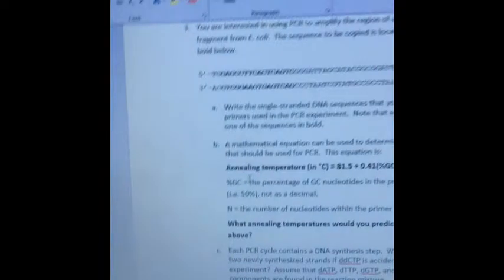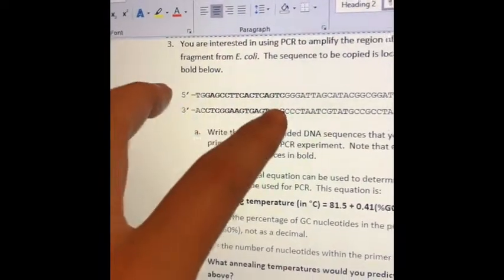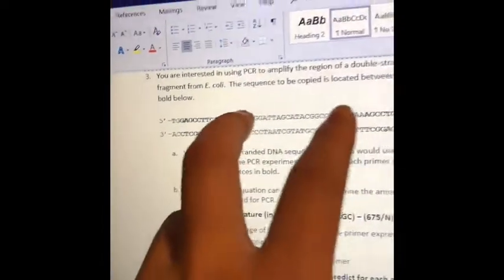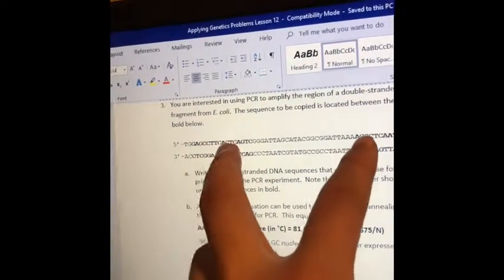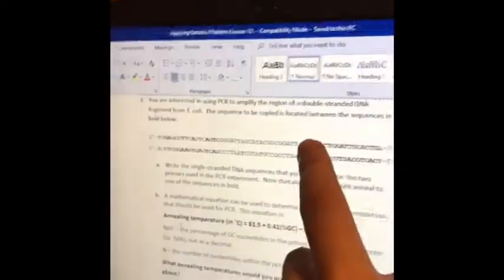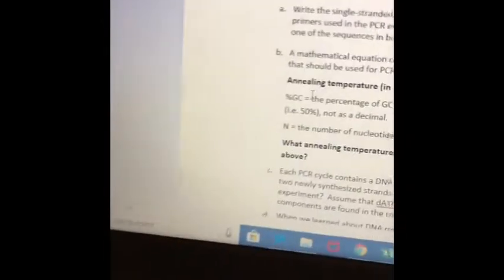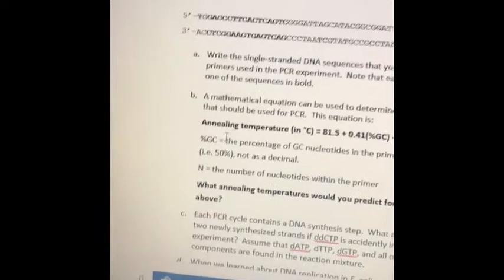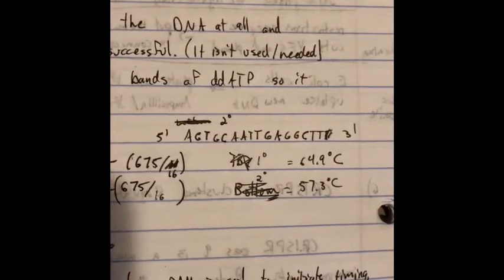The main point is that the primers should encompass this DNA. So the first primer should be here and the second primer should be on that side. And then they use that mathematical equation to find the temperature. So my 2 temperatures with my math right there are going to be 64.9 and 57.3 degrees.